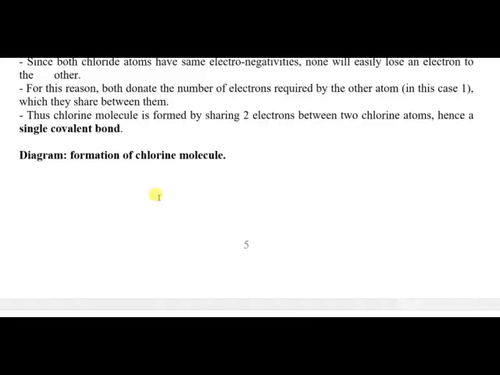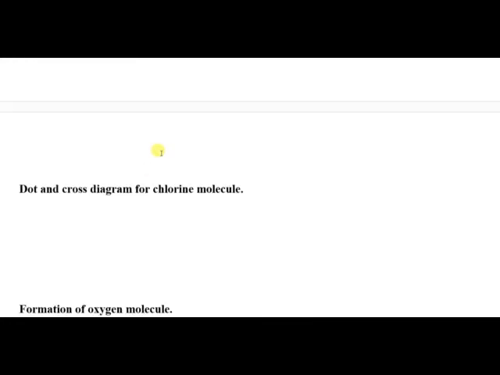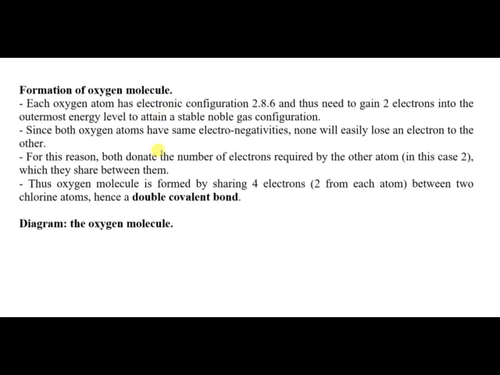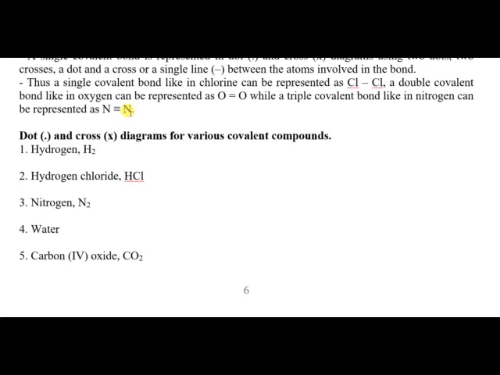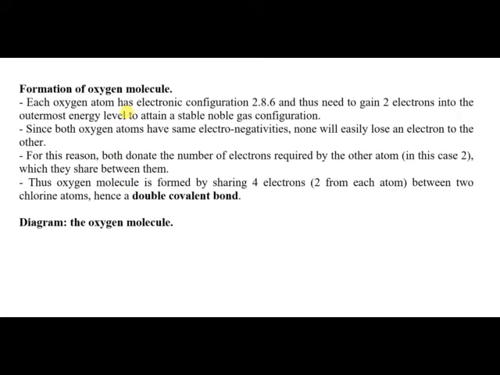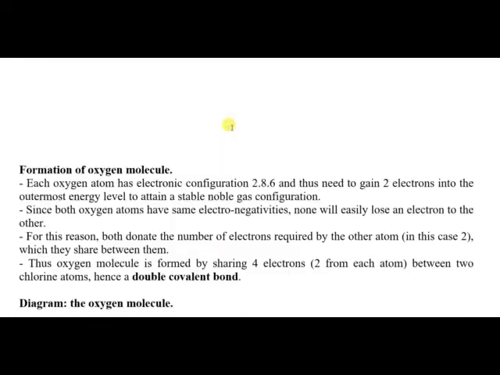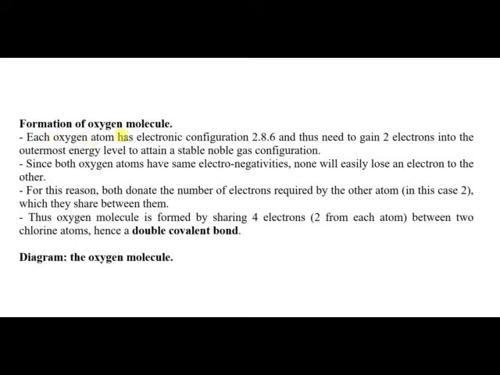So I will draw a lot of examples. Before that, the oxygen atom has an electron configuration of 2,6 and thus needs to gain 2 electrons into its outermost energy level to attain a stable noble gas configuration.